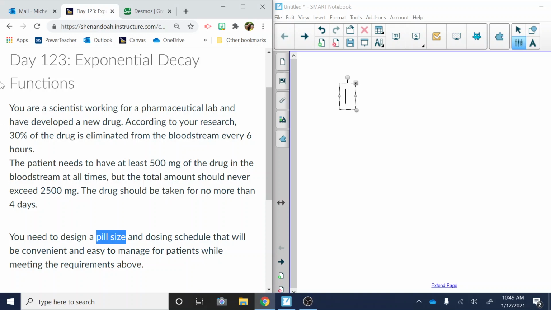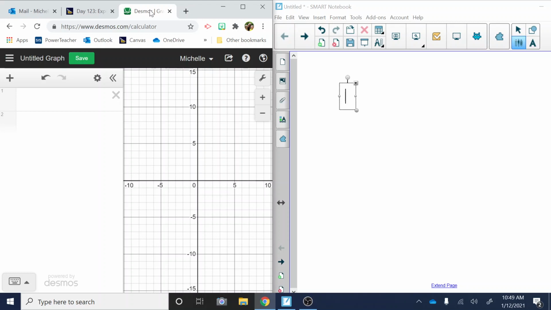So I'm going to show you how we can use Desmos to get an idea of what's going on here. So first of all, we have danger zones. We need to keep this medicine in the person's bloodstream above 500 milligrams so that it's doing some good, but we need to keep it below 2,500 milligrams because that would be the danger level. So I want to see that window on my screen.